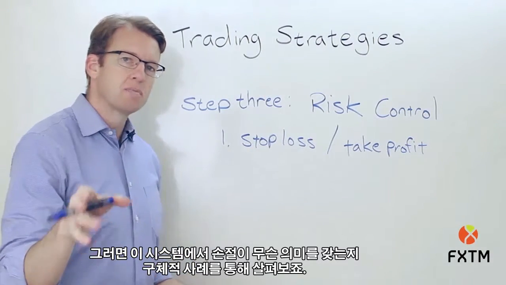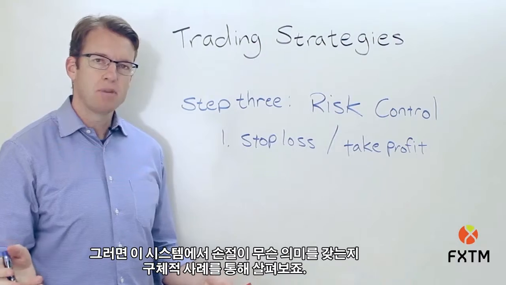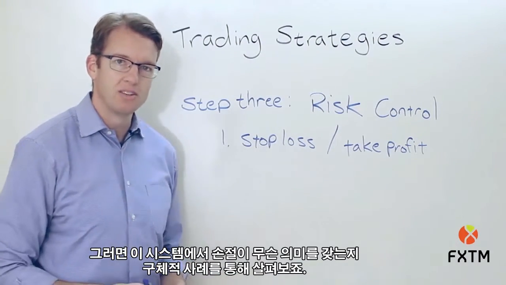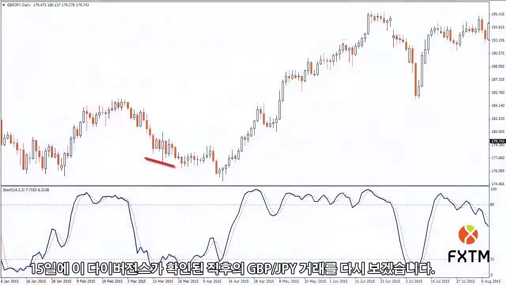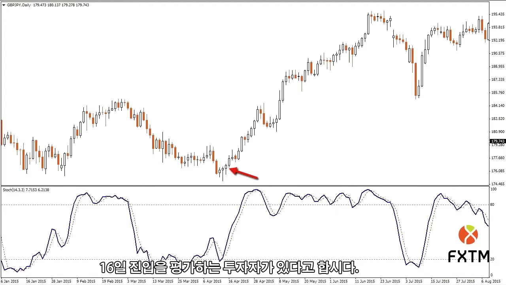Now let's take a look at a specific example of what we mean by a stop loss with the system that we've been evaluating here in this video. If we revisit this trade on the pound yen, just after that divergence was confirmed on the 15th, let's imagine that an investor was evaluating an entry on the 16th.